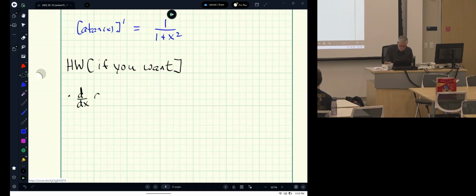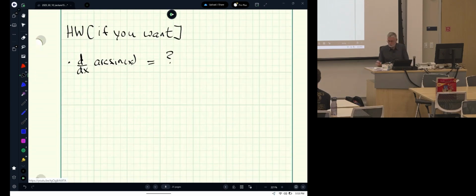Calculate d by dx of arc sine of x. And you know the derivative of sine of x, so you can do sine of arc sine of x, okay?